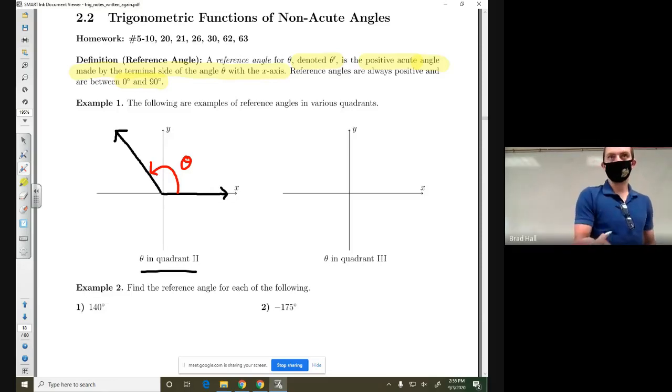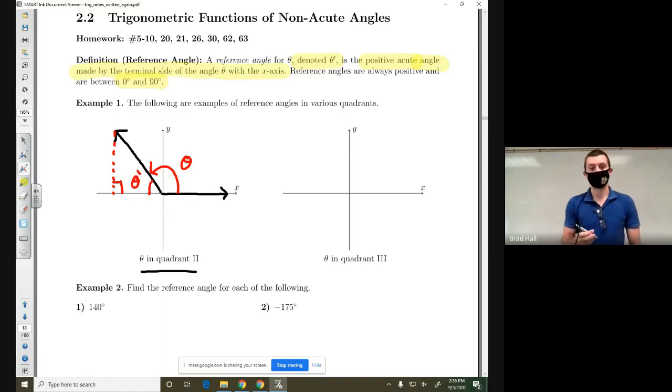The reference angle, so we're used to triangulating, which I'm going to do here. And the reference angle, like I've mentioned, is the angle of that triangle we created. That's it. That's the reference angle.